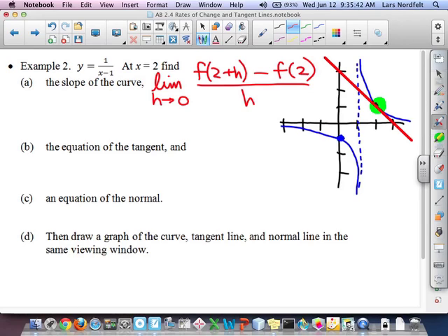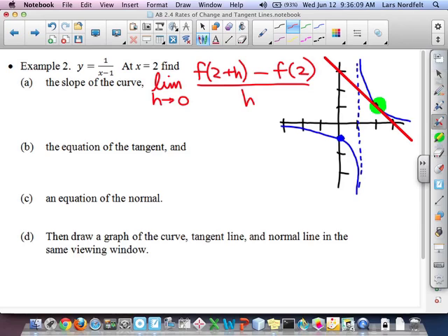Yeah, 1 over 7 minus 1. What's f of -5? It's 1 over -5 minus 1. What's f of w? 1 over w minus 1. What's f of 2 plus h? 1 over what?